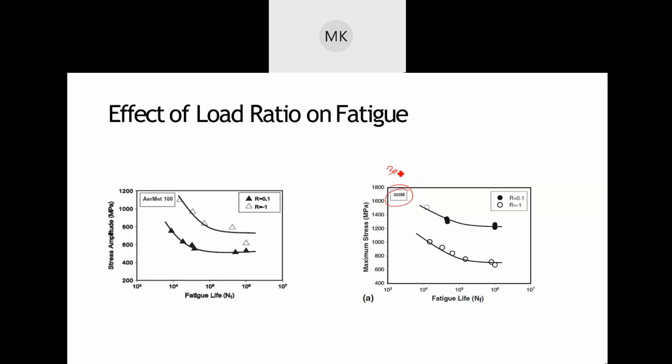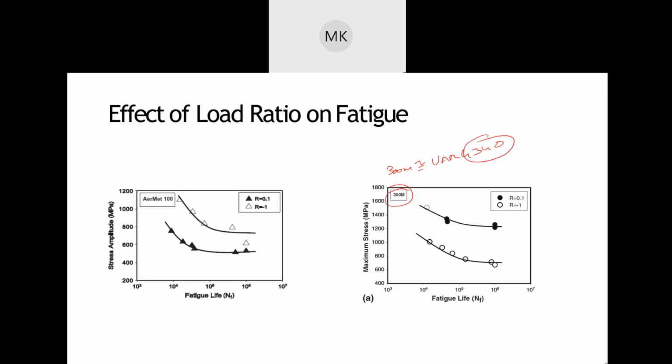So 300M is nothing but vacuum remelted 4340 steel. It's the same 4340 steel used for landing gears, but it is secondary processed in vacuum, so there is no chance of any inclusions or gas, and everything is controlled in a vacuum.